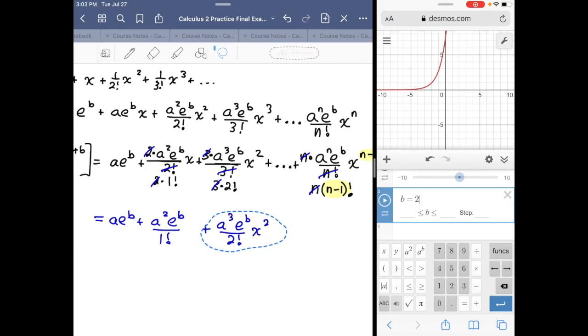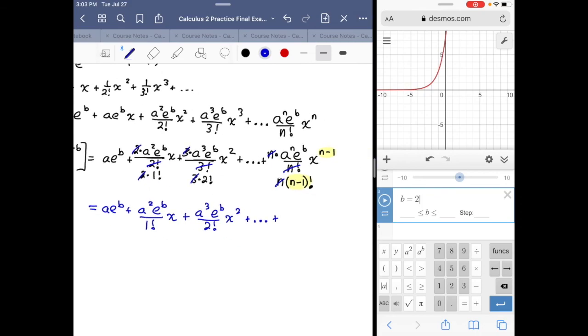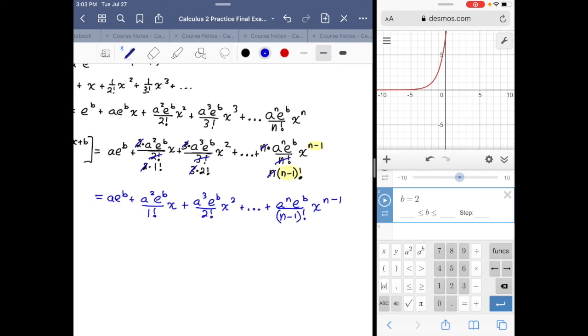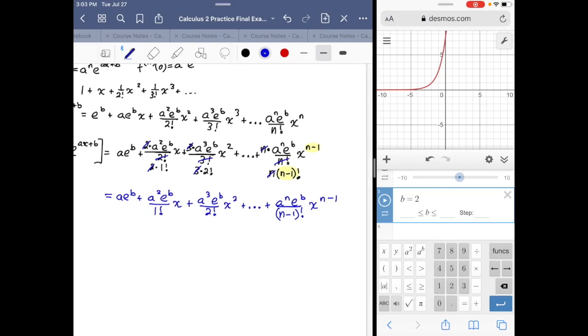I keep just wanting to eliminate x's for some reason. Don't know why. There it is. All right, so this is what we have now.